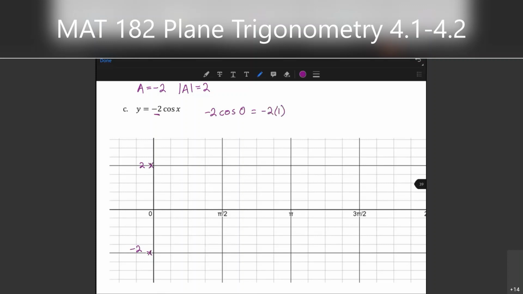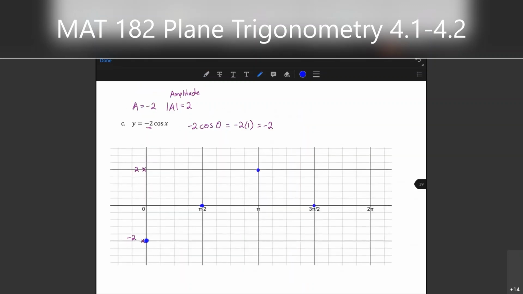So this graph would actually start at negative 2 instead of positive 2, since we have that negative A value in the front. So for this specific graph, we would start down at negative 2 instead. And then we'd have a cosine shape. That would bring us to 0, up to our amplitude at our maximum, and then we'll go back down and end at our minimum at 2 pi again.